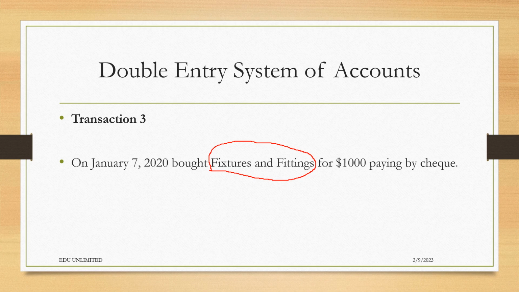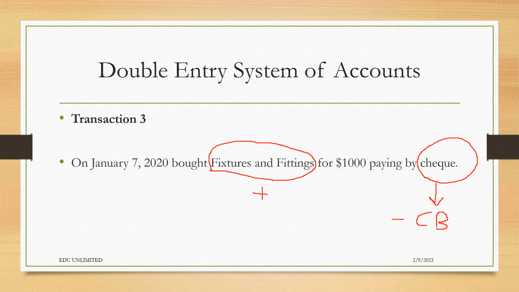The other account is our cash at bank account, and we use the term check. Once we see the term check, we know that it's our cash at bank account. So the two accounts concerned are cash at bank account, which we would decrease, and our fixtures and fittings account, which we would increase.